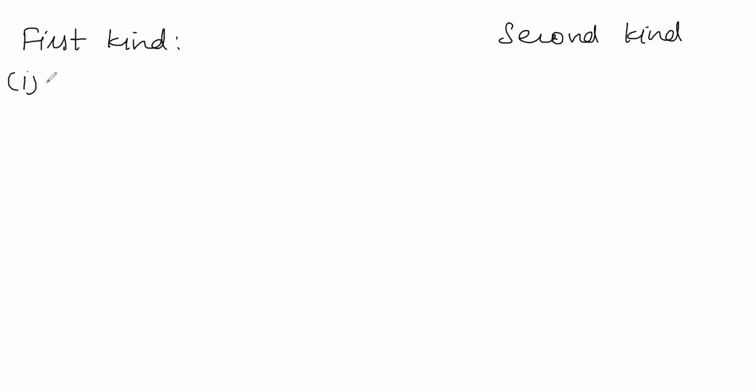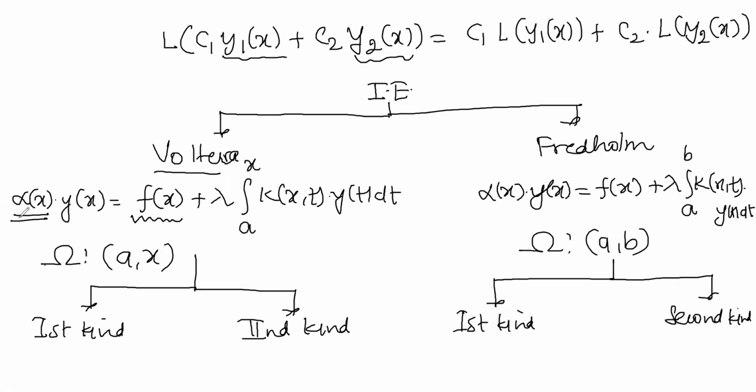Let's say first kind, everything depends upon alpha. So if alpha of x is 0, just have a look at this. If alpha of x is 0, that means this entire quantity is 0. So I can express this f of x as some function of y independent.